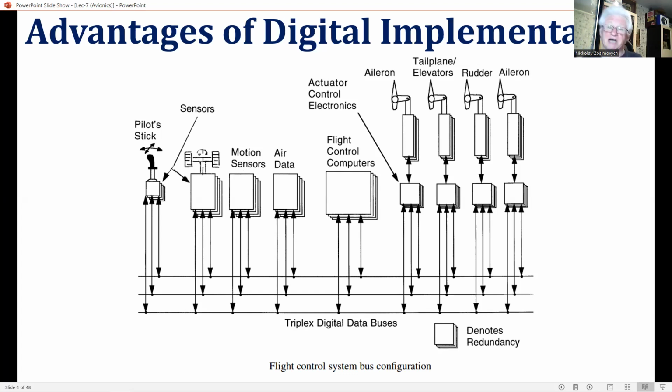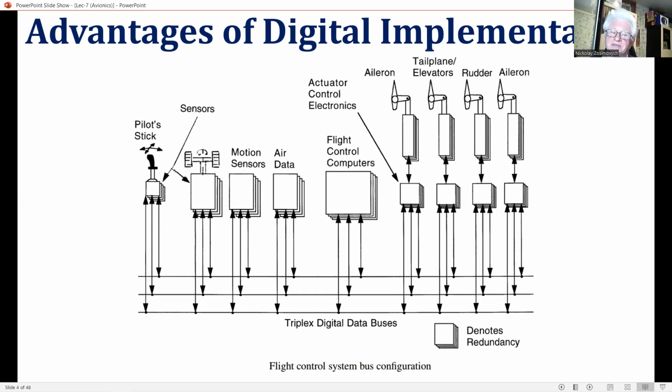Sophisticated consolidation algorithms can be implemented, which minimize the transient experienced on disconnecting a failed channel. Built-in test capability. Very comprehensive self-test capabilities can be incorporated into the system for pre-flight checkout and maintenance.